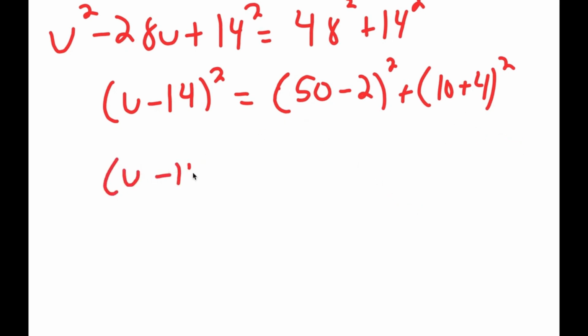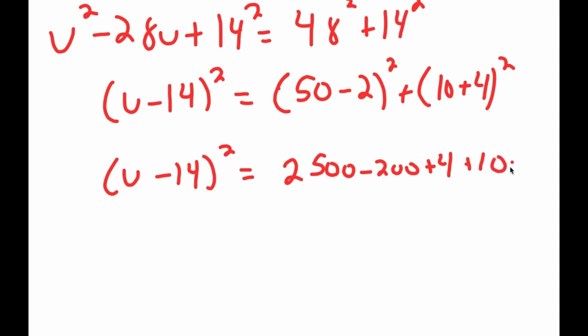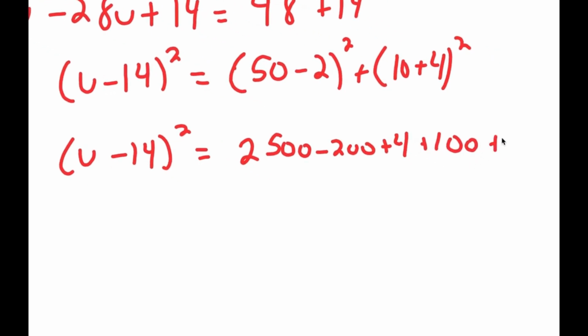Now from here, (u minus 14) squared is equal to 2500 minus 200 plus 4 plus 100 plus 80 plus 16.